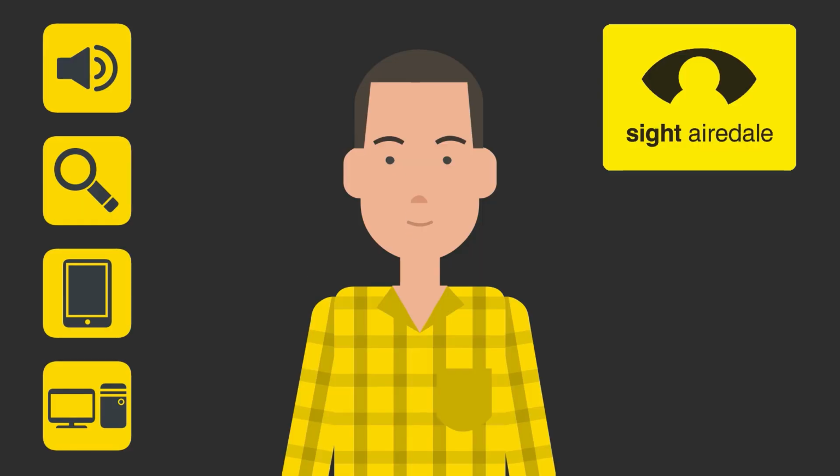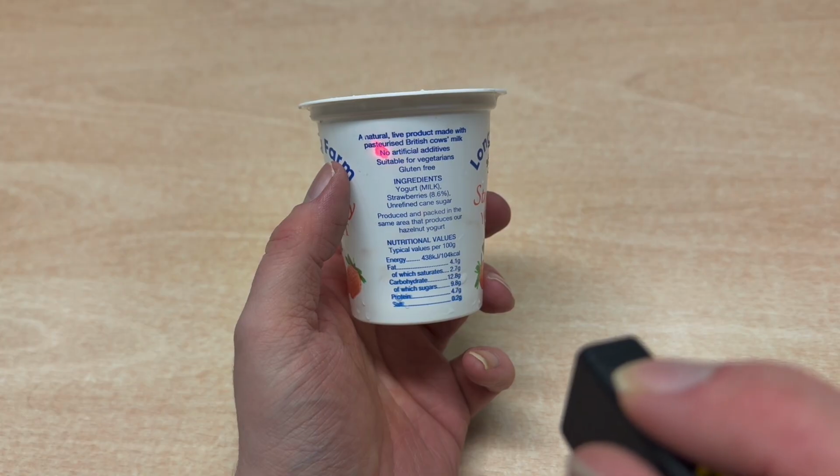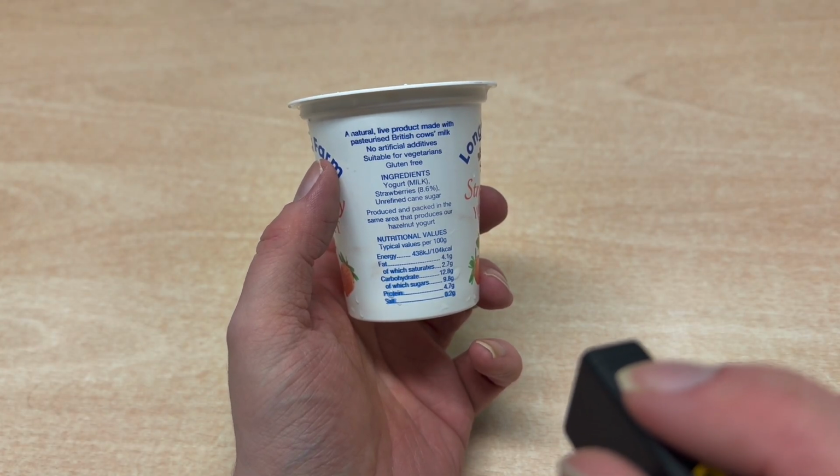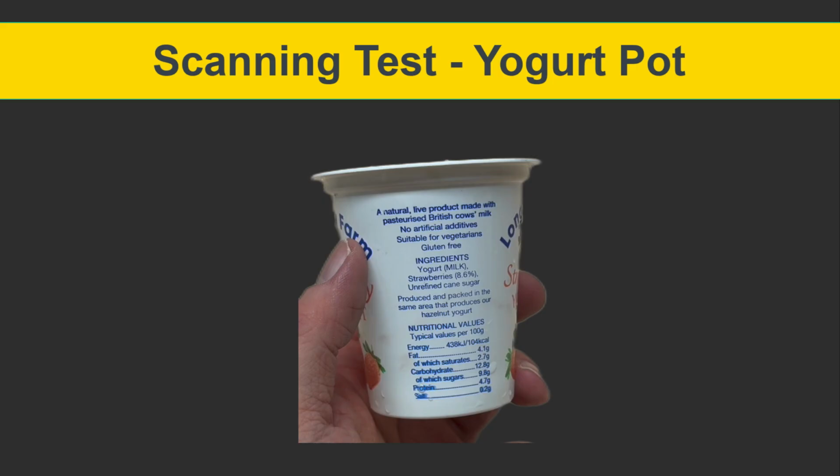On the side of the yogurt pot, there are ingredients and a product description. A natural, live product made with pasteurised British cow's milk, plus a warning about nuts and nutritional information. OrCam had no problem reading the product description or the warning.